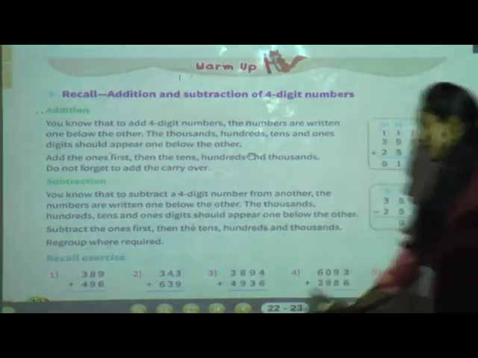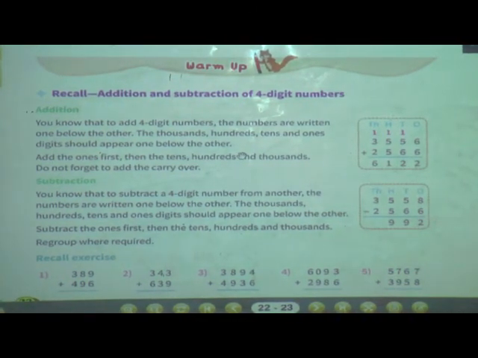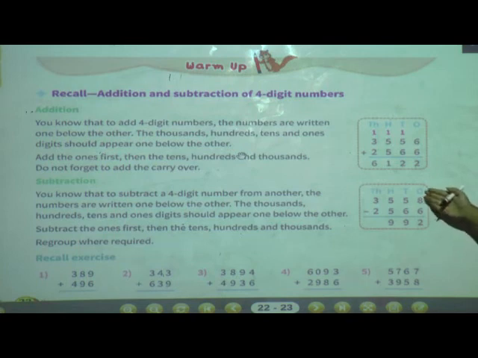Now what about subtraction? You know the subtraction of 4-digit numbers. So what do we do? We subtract one number from another number. And how do we write? The numbers are written one below the other, and the thousands, hundreds, tens and ones should appear one below the other.